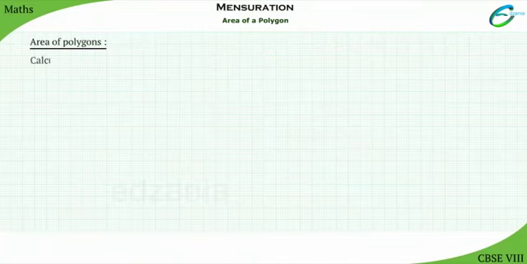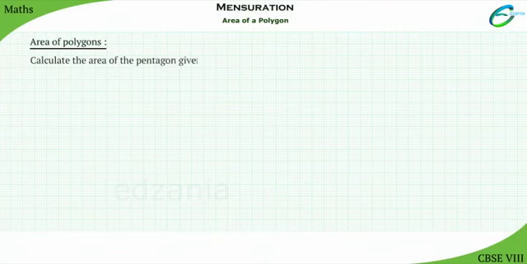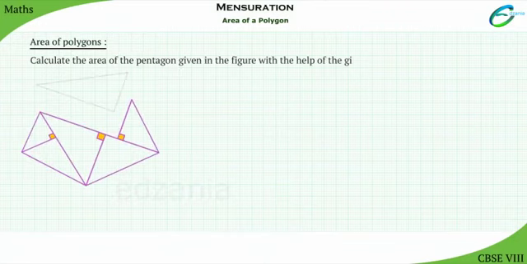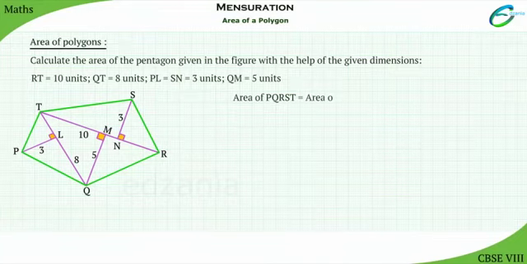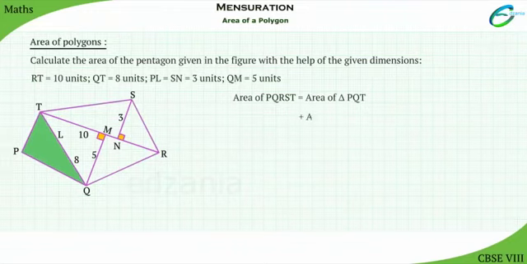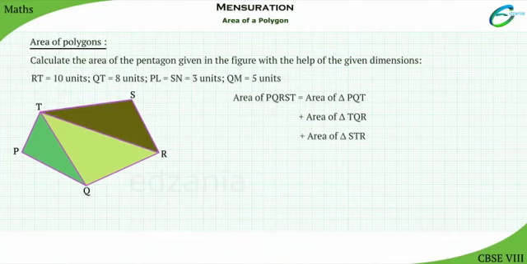Let's now calculate the area of the pentagon given in the figure with the help of the given dimensions. Here the area of the pentagon PQRST is equal to the sum of the areas of triangle PQT, triangle TQR, and triangle STR.